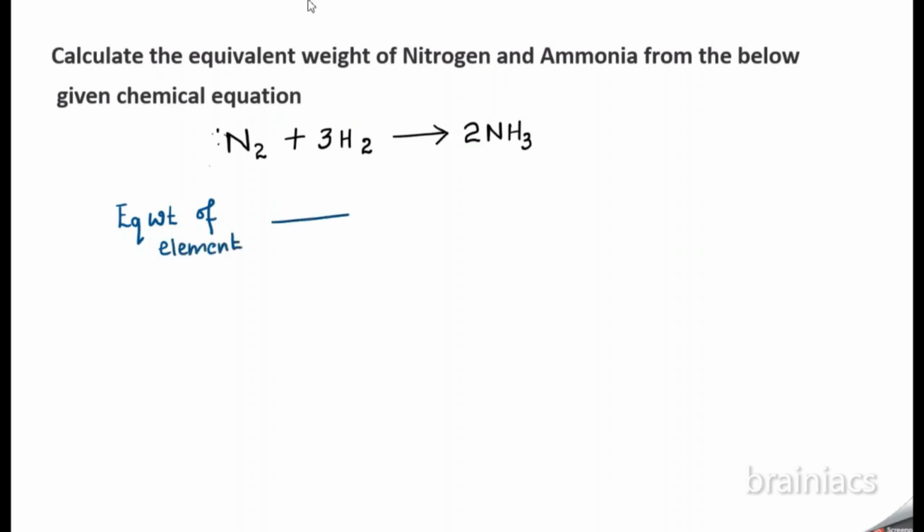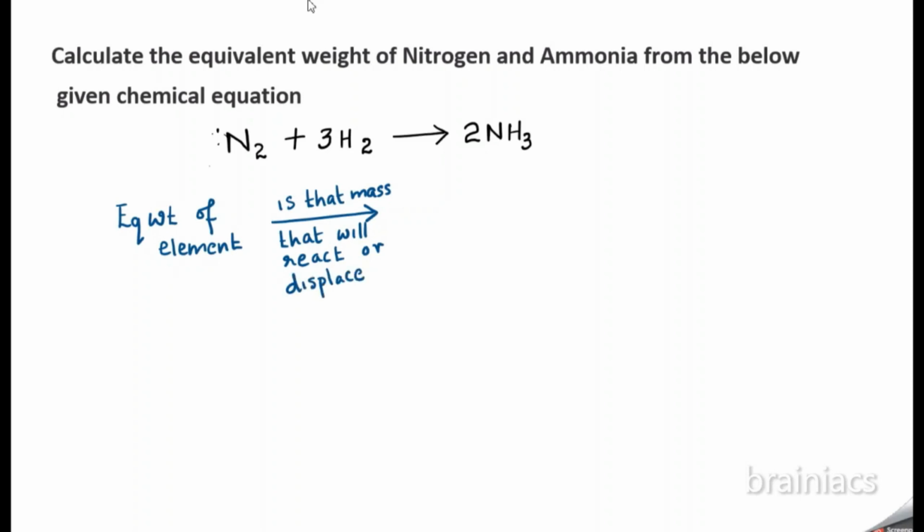I can say the equivalent weight of an element is that mass that will react with, or I can say displace. Both are correct. Displace means it will be generated.